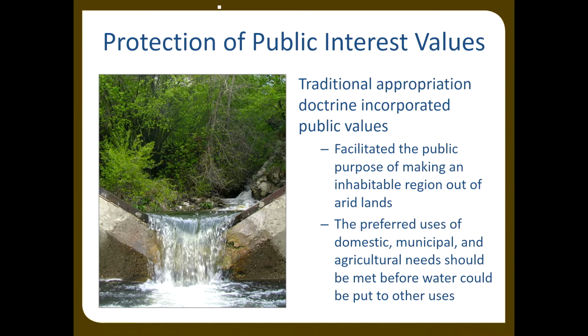They did give some preference at that time for domestic, municipal, and agricultural needs that had to be met before other water uses could be met. That's not the case today. Everything is based on priority. So it doesn't really matter if you have an irrigation right or a domestic right. The earlier priority gets to divert first.